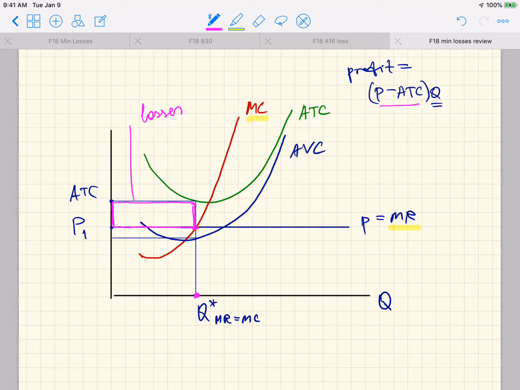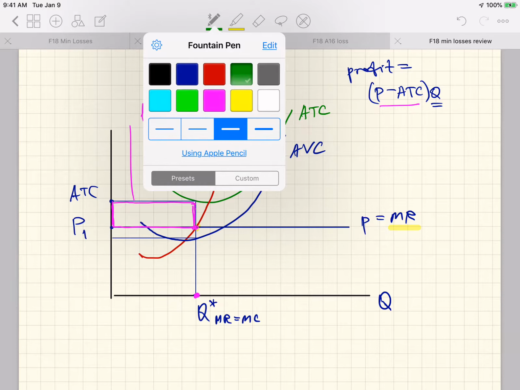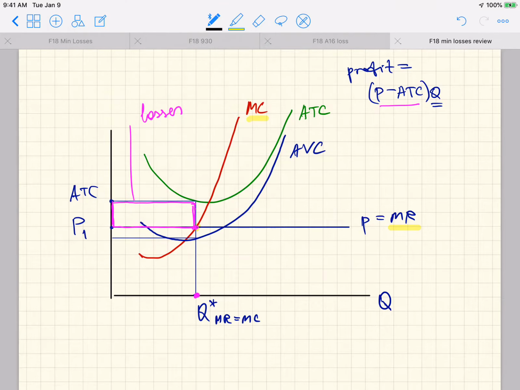And another thing we can do, we can actually figure out how large our fixed cost is. And hopefully you guys recall from our previous exercises that we can find fixed cost on this diagram as ATC minus AVC times Q. So this is our ATC, this is our AVC, that's why I picked it right away.